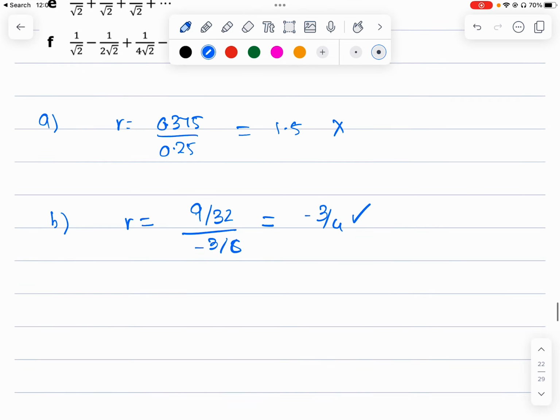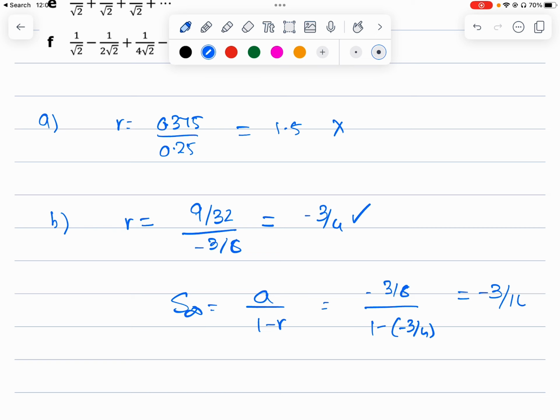Yes, it is converging. So the sum to infinity will be A upon 1 minus R. A is negative 3 upon 8 divided by 1 minus negative 3 upon 4, which is equal to nothing but how much?